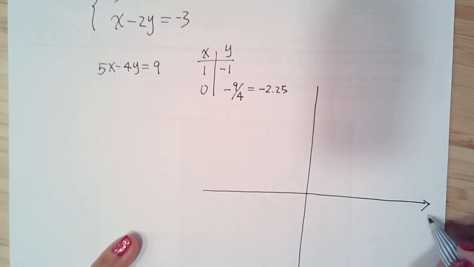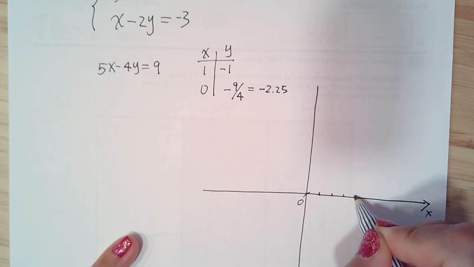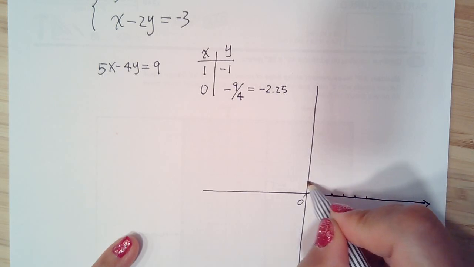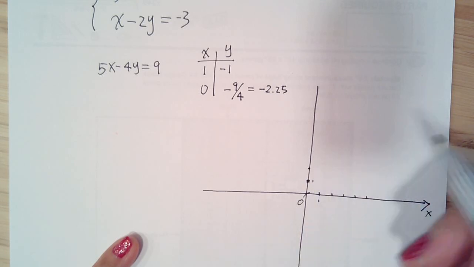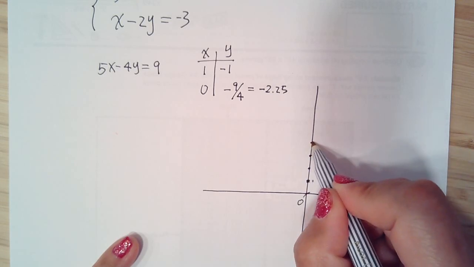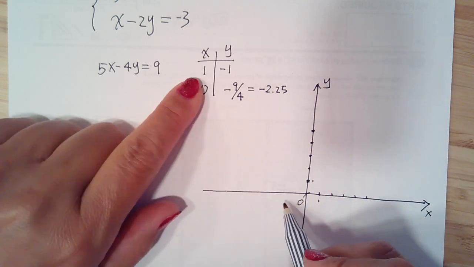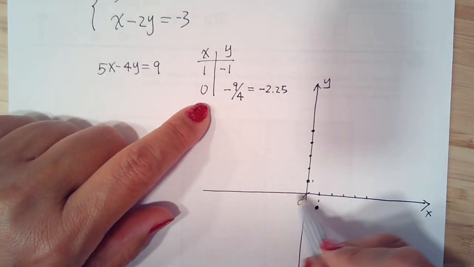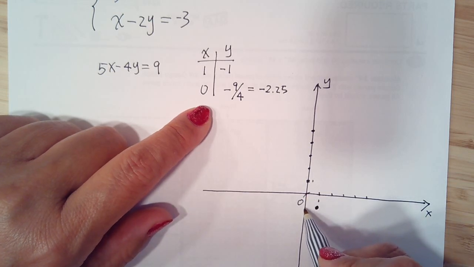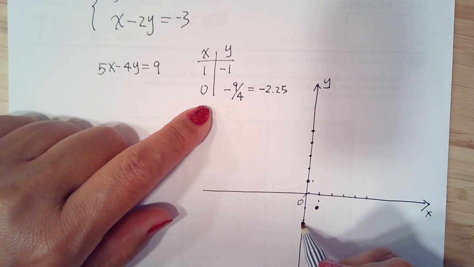Once you have a system, this is x: 0, 1, 2, 3, 4, 5, and 1, 2, 3, 4, 5, that's y. Okay, so I have 1, -1, which is this point, and I have x equals 0, y is about -2.25, it's right here.